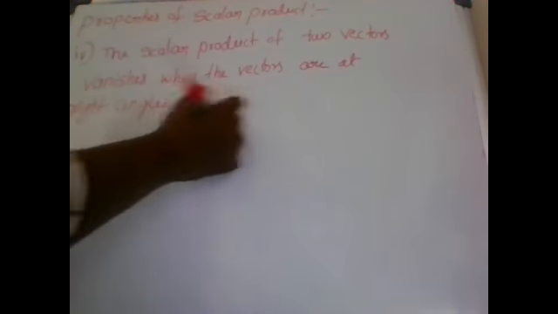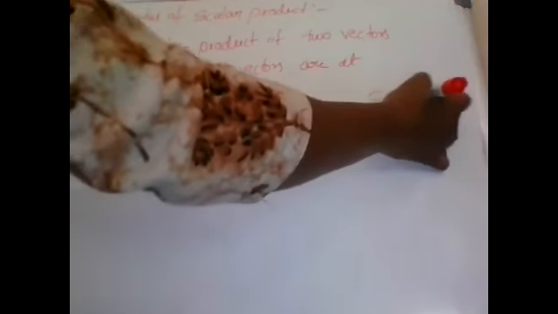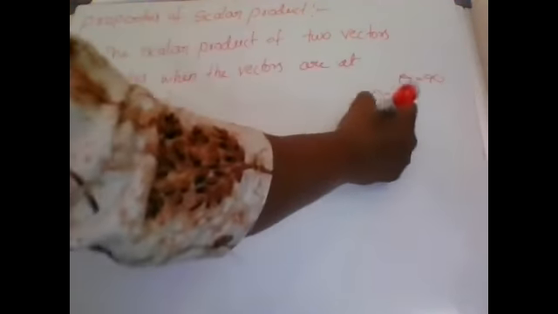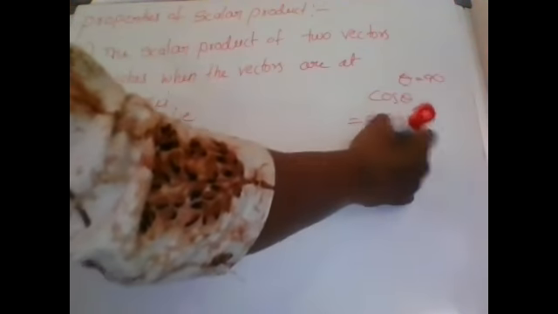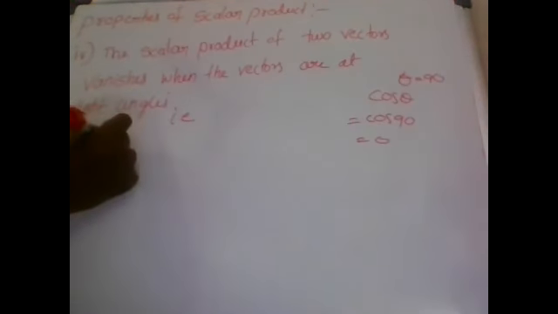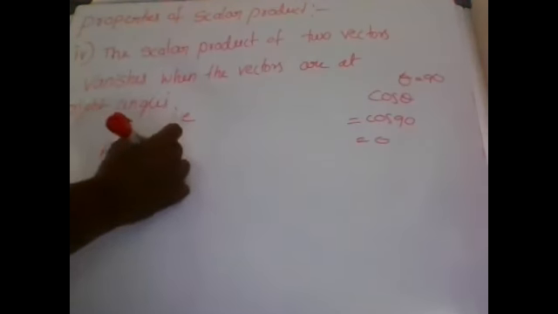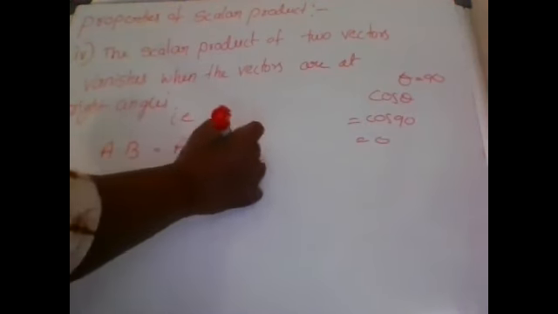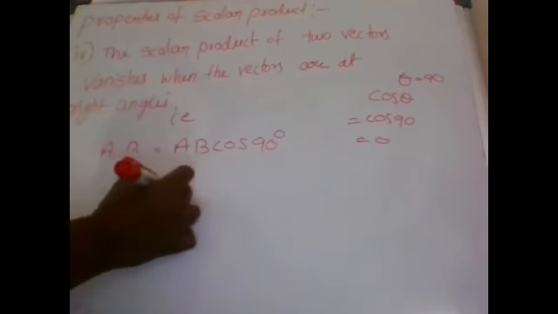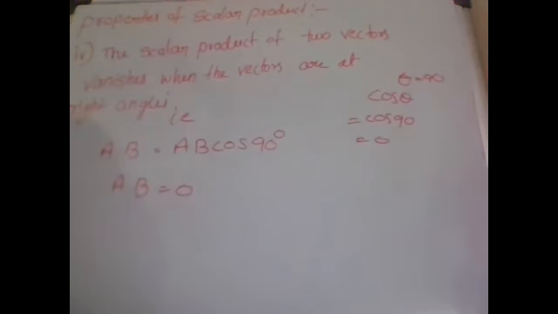That is, here what is theta? 90 degrees. So theta equals 90 degrees. Cos 90 value is 0. A dot B equals AB cos 90. So cos 90 value is 0, that means the product is 0. So from this we can say that vectors A and B are perpendicular to each other.